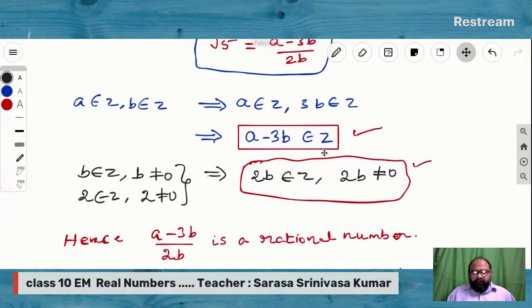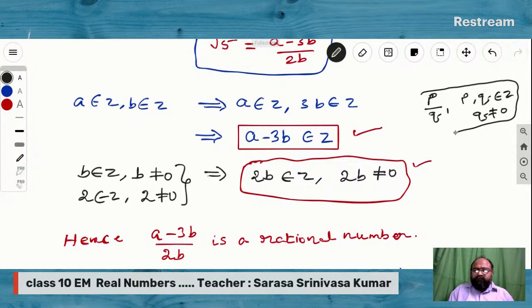Now we can apply the definition of a rational number. A number p by q is a rational number where p and q are integers and q is not equal to 0.